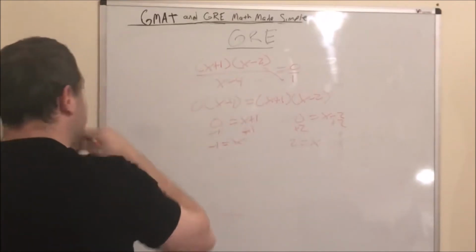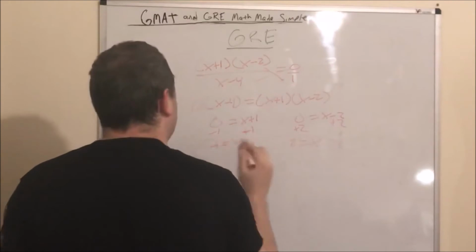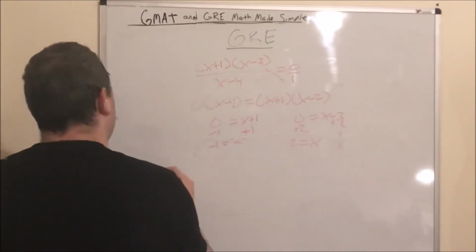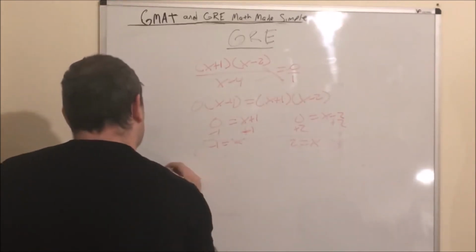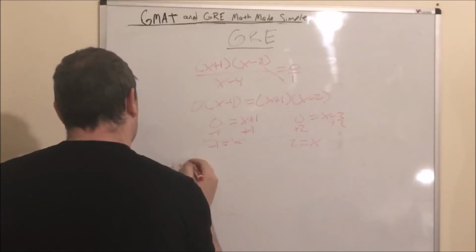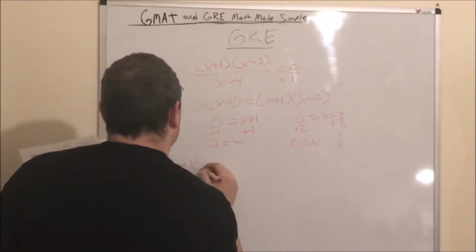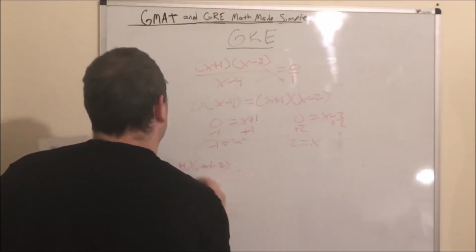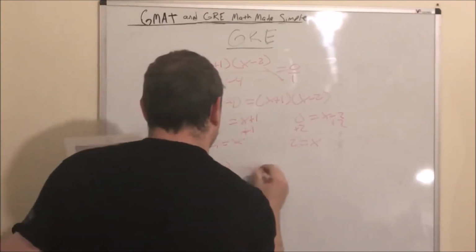So when we look at this, we can see that these are the answers for this question. But let's put them in there and see what happens. Okay, we have x plus 1, which is negative 1 plus 1, divided by negative 1 minus 2 over negative 1 minus 4 equals 0.